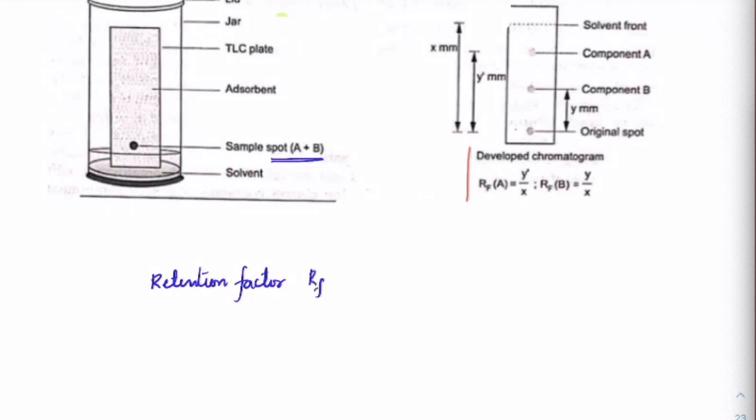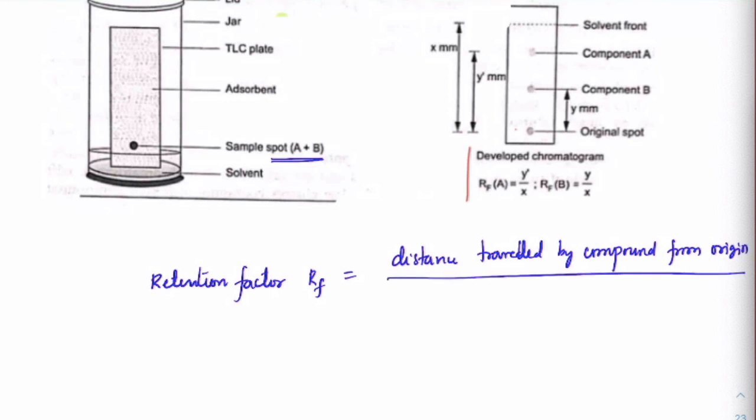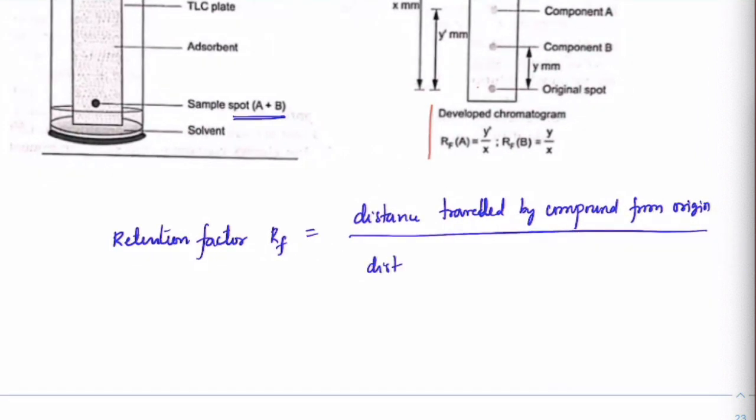Okay. And from here we can define something called retention factor, Rf, and that retention factor is the distance traveled by compound from original spot or origin, divided by distance traveled by solvent.